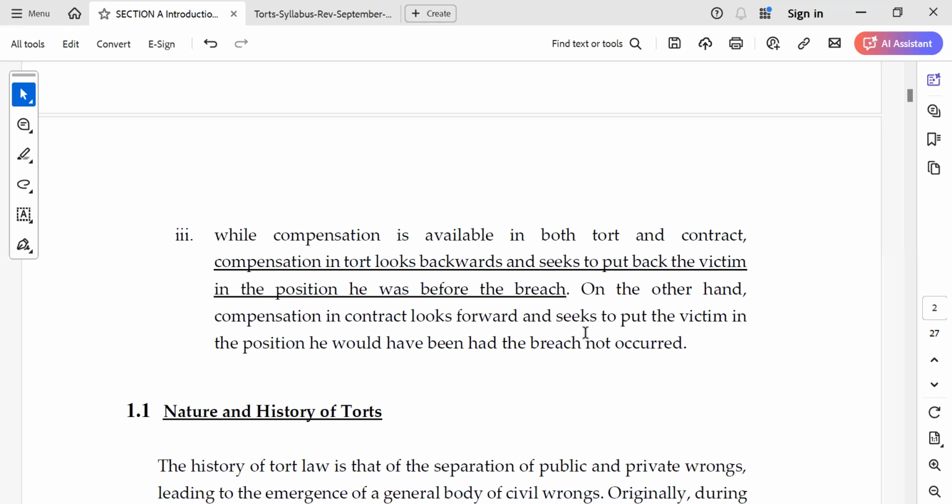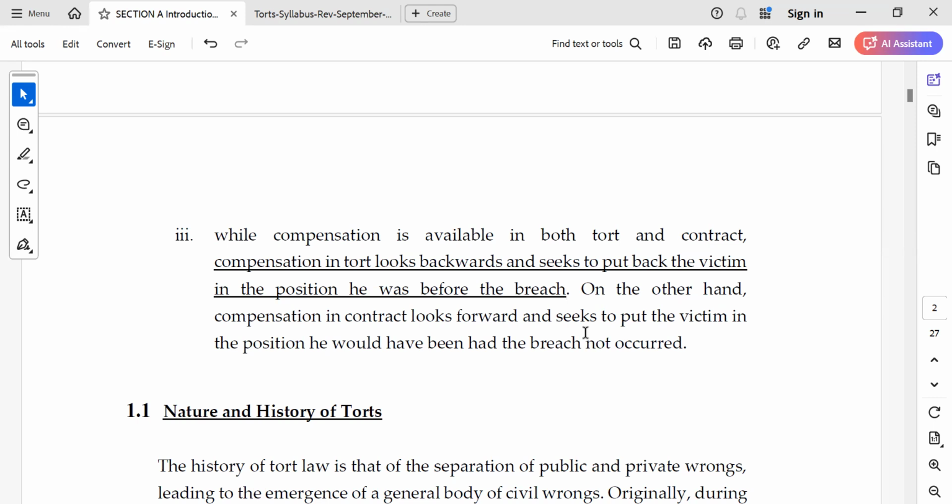So basically he would have been in that position. They look forward and see where that person would have been if that wrong had not happened. But in tort, no. Tort is basically saying, okay, you stay where you are, where you were supposed to be, how it was before such nuisance or anything happened, right?